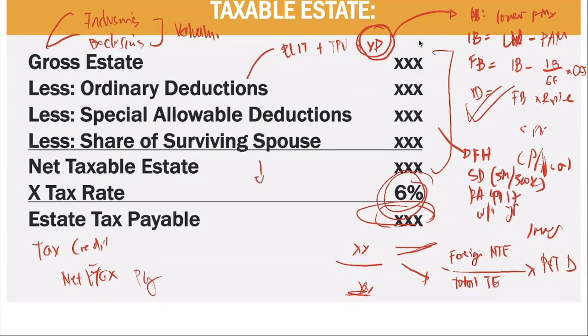Share of surviving spouse, that is one half of the net conjugal estate. Net conjugal estate. And you can now determine your estate tax payable. That's it for estate taxes.